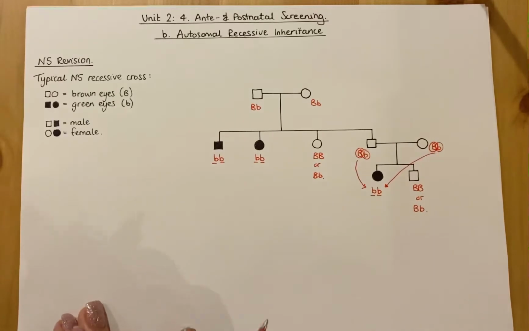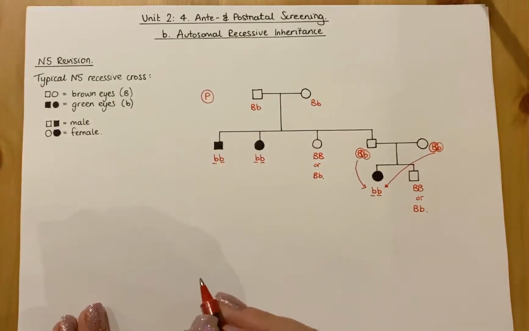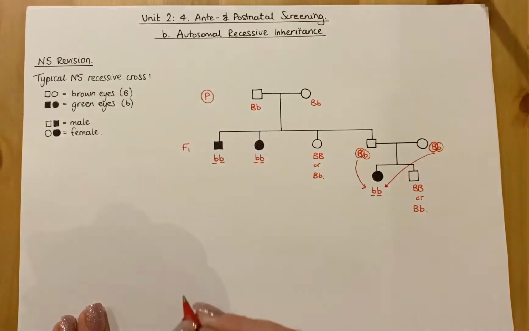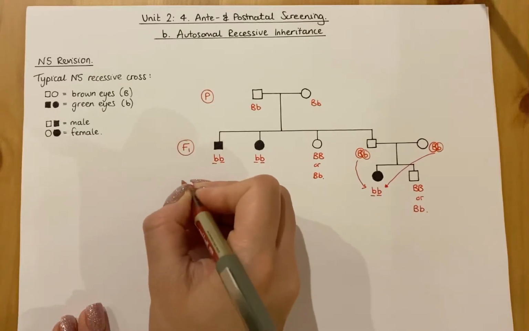So as a reminder of National 5 as well, this would be your P generation, the parents to begin with. This would be your F1, and then this second generation, the grandchildren essentially, would be F2.